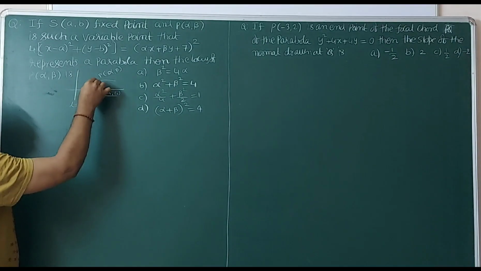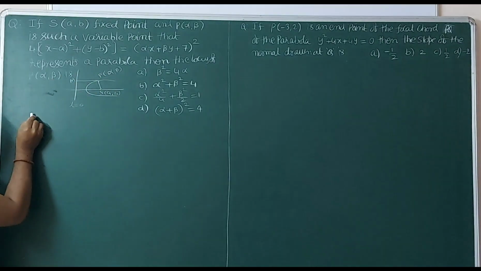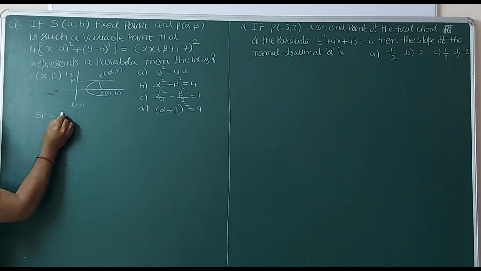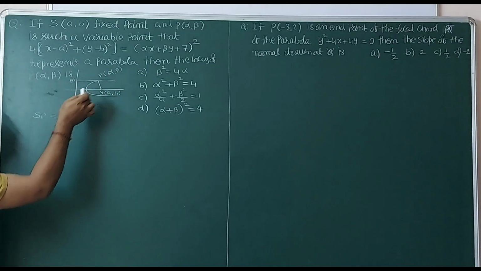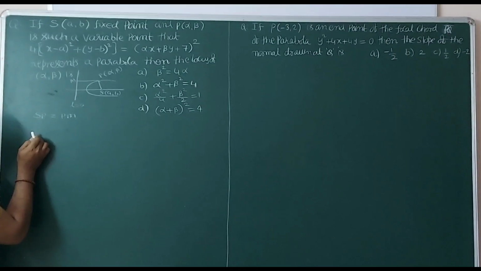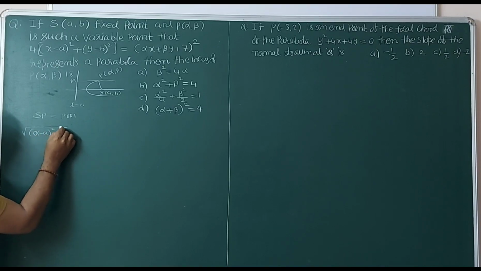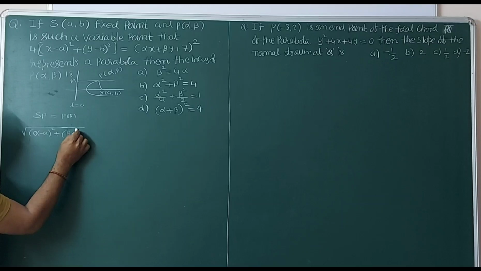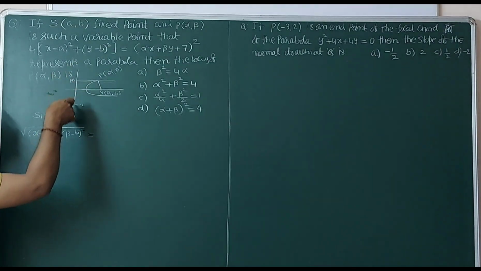Just writing it: whenever it represents a parabola, SP is equal to PM only, no? SP is equal to PM. What is SP? The distance between these two: square root of (alpha minus a) whole square plus (beta minus b) whole square is equal to PM, the perpendicular distance from alpha comma beta to this line.